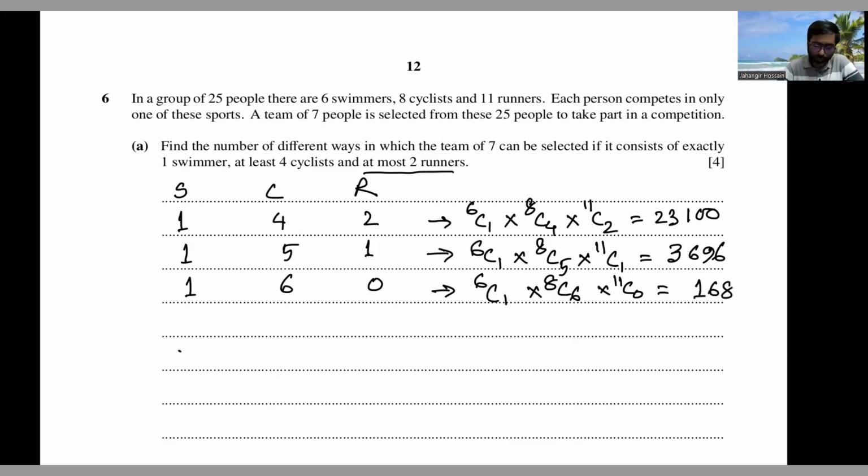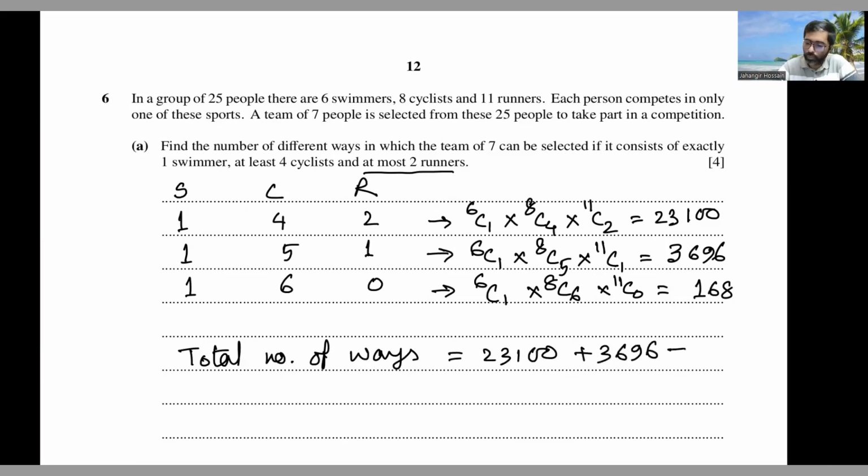The total number of ways can be 23,100 plus 3696 plus 168, which add up to 26,964.